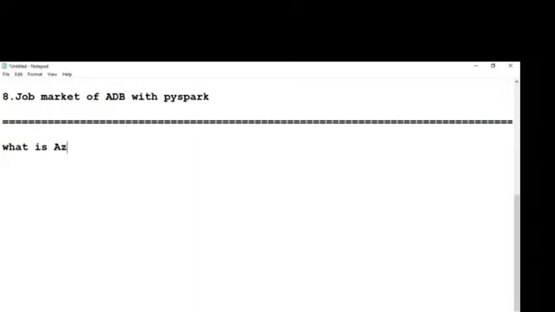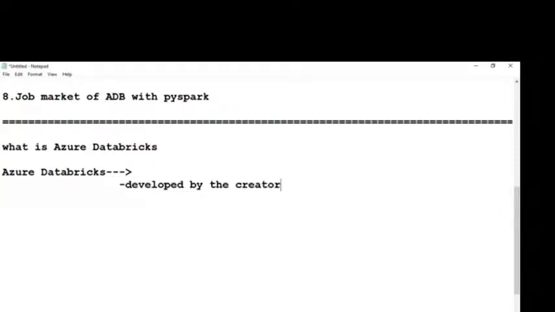What is Azure Databricks? Azure Databricks was developed by the creators of Apache Spark.